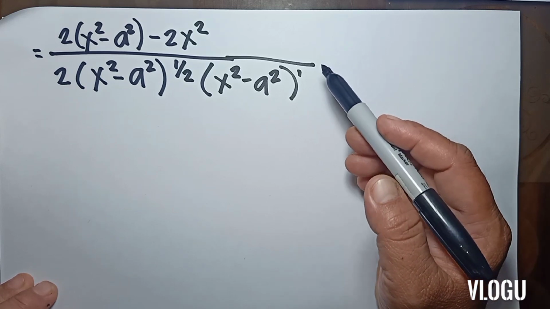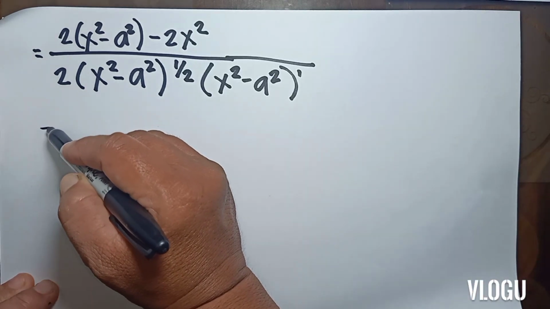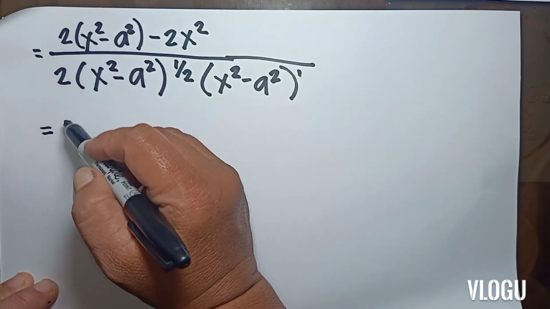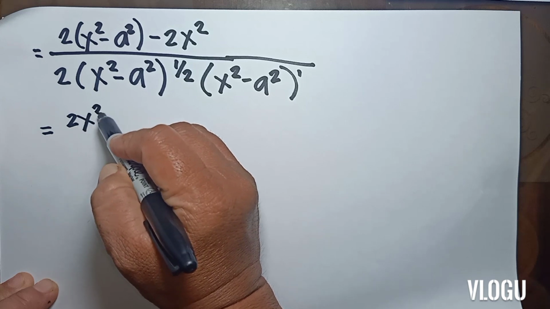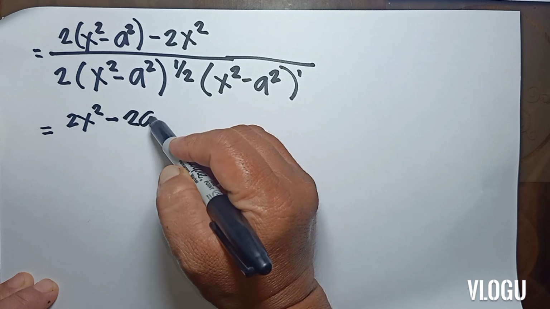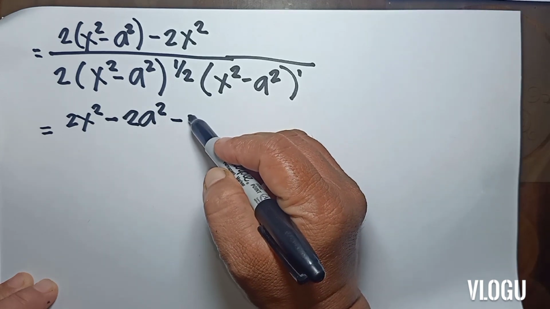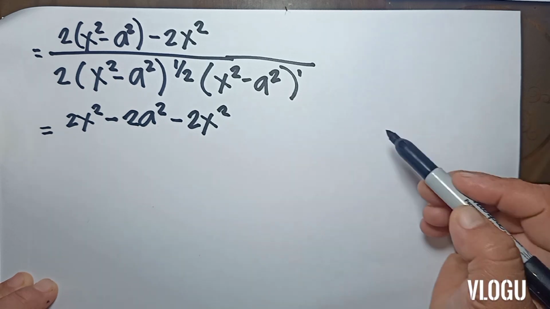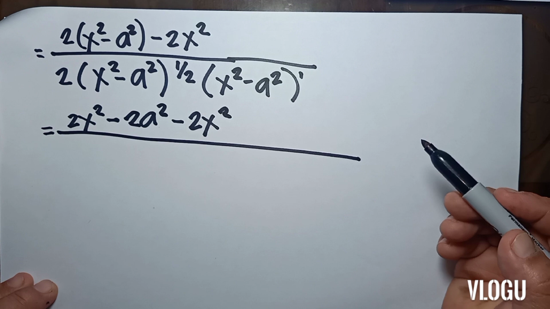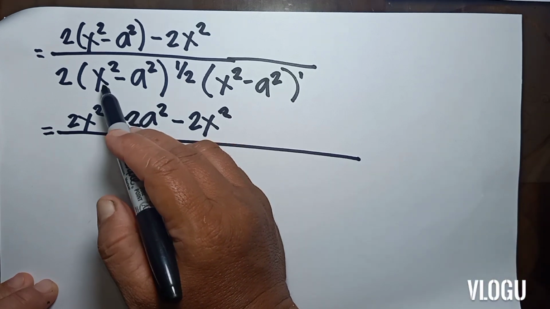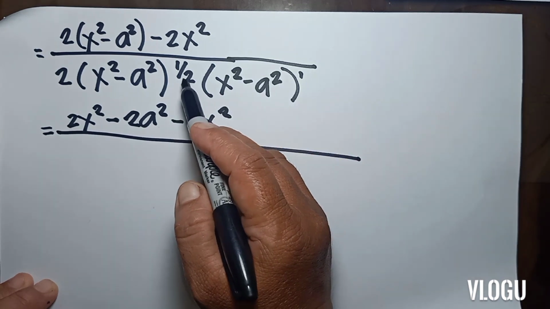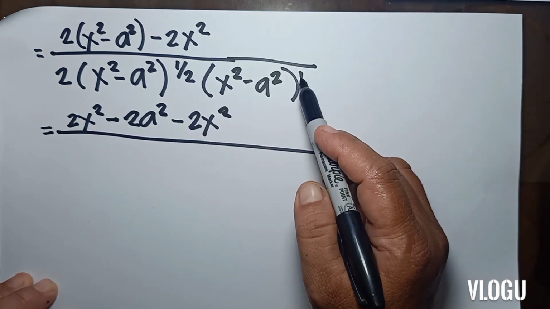Looking here, we multiply the 2 inside, so you will have 2x squared minus 2a squared minus 2x squared. All over, we have the same base, x squared minus a squared; this is raised to 1/2 and this is raised to 1.